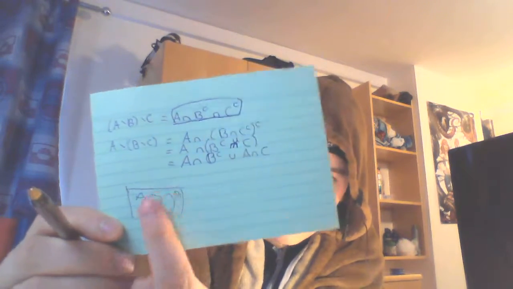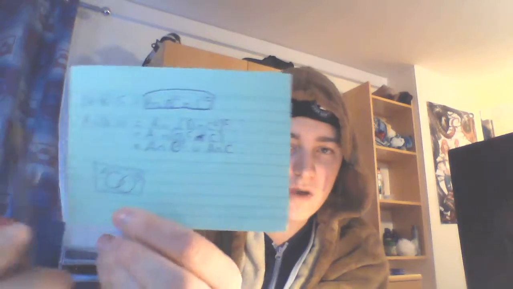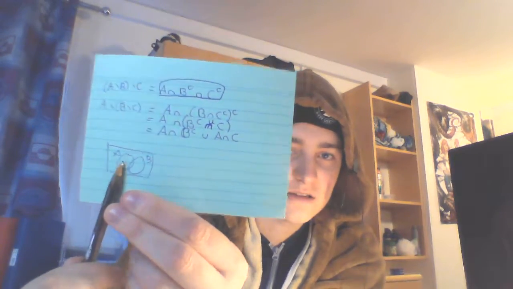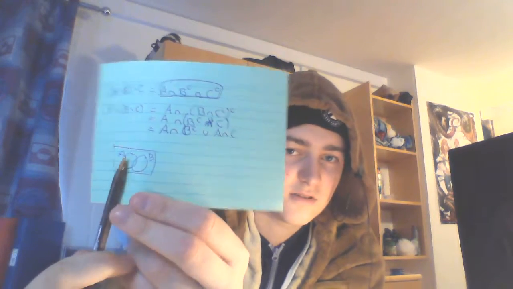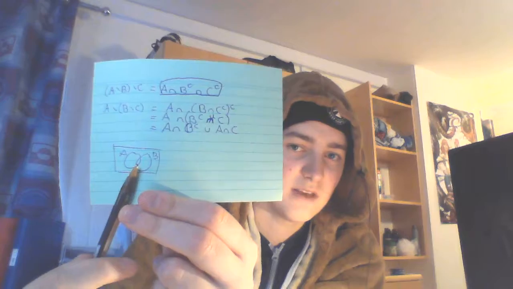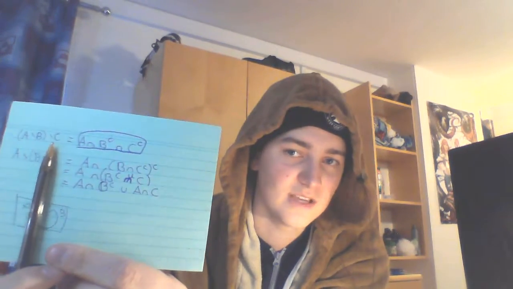So that's A, that's B. So A take away B is basically all of A take away all of B, so you're only left with this bit, not including the intersection because the intersection is still in B. That's the same as saying you have A and you don't have B. Because A and not B is just that bit there because that bit's in B. That's the same thing. So you can then say this as saying you have A and not B, and then it's not C because that's also been taken away.